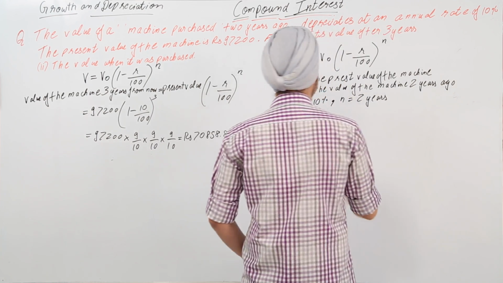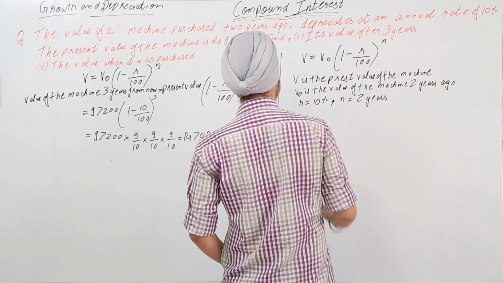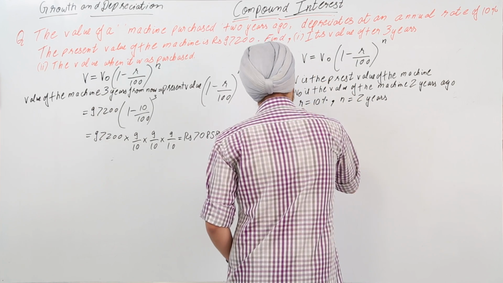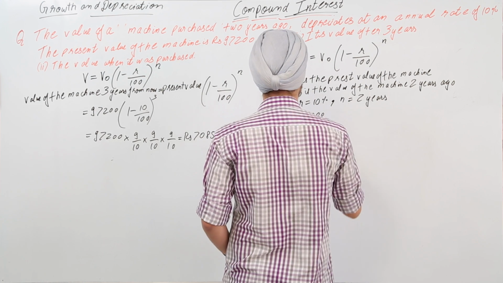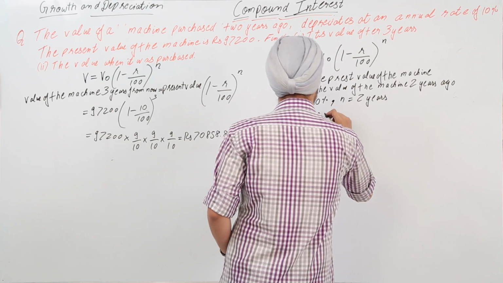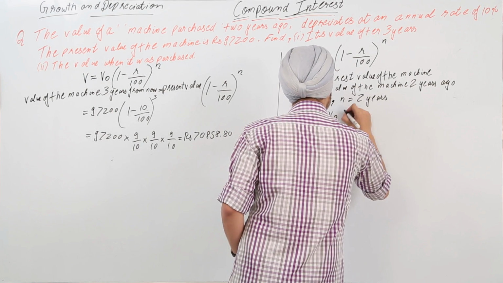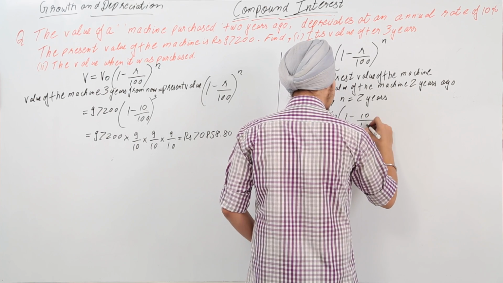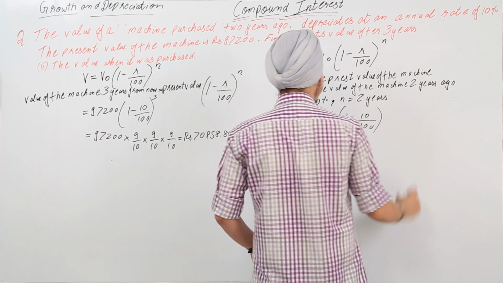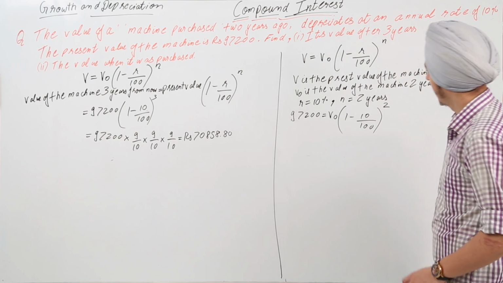So now we put all these values over here. We get 97,200 is equal to V naught into 1 minus 10 upon 100 raised to power 2. Am I right?